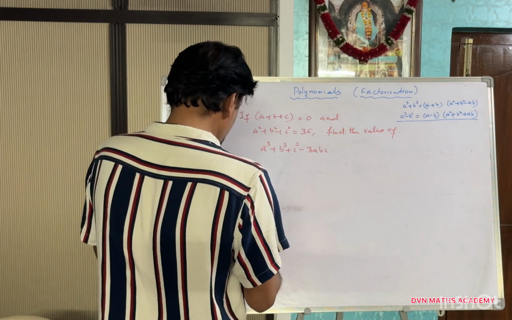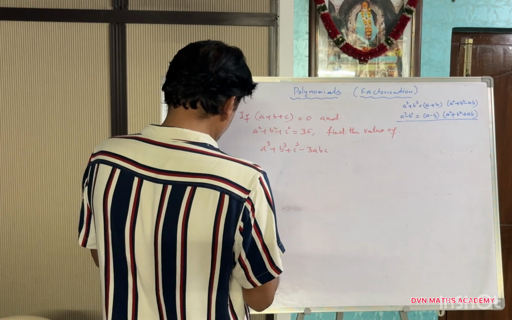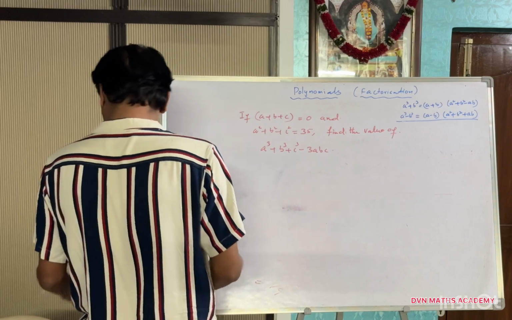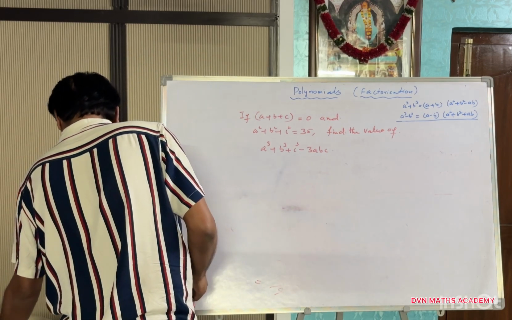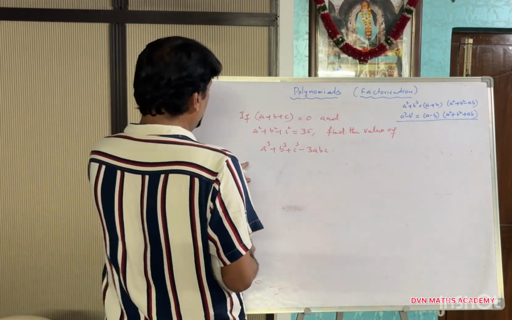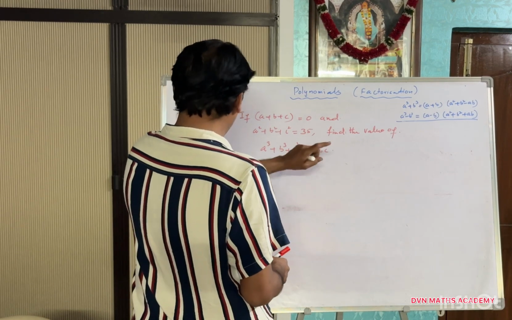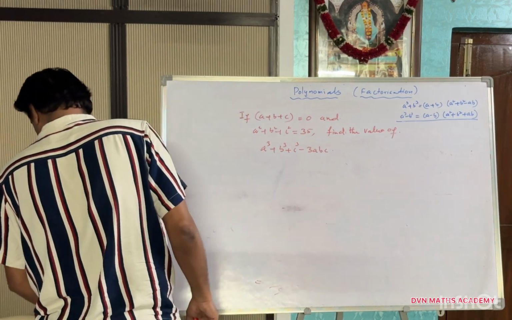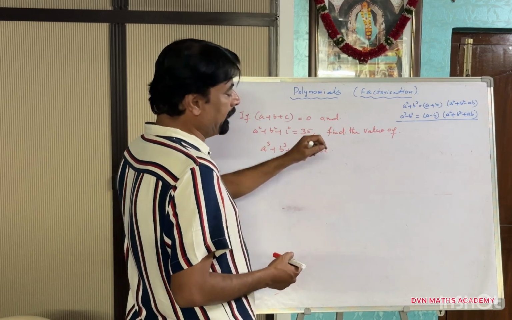Find the value of A cube plus B cube plus C cube minus 3ABC.